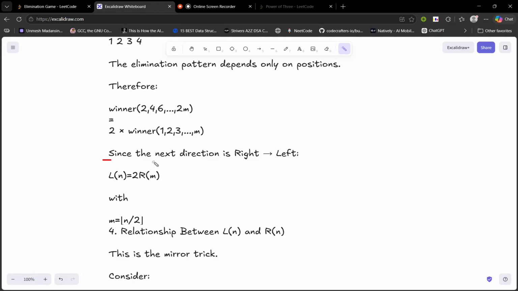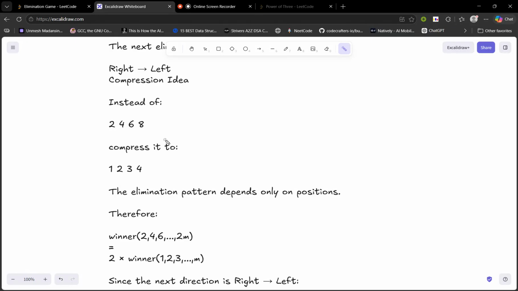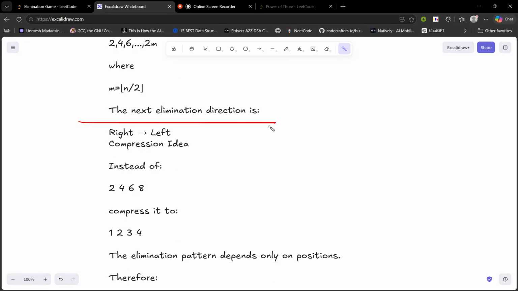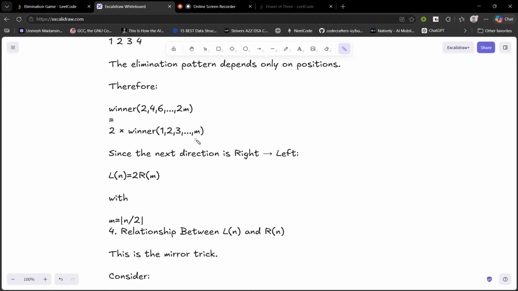Yes. And since we applied left to right first, the next direction is right to left. And when the next direction is right to left, what did we call that function?